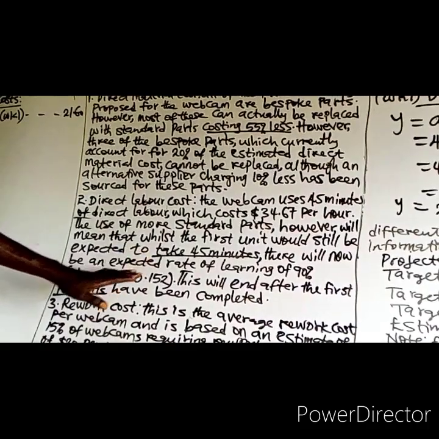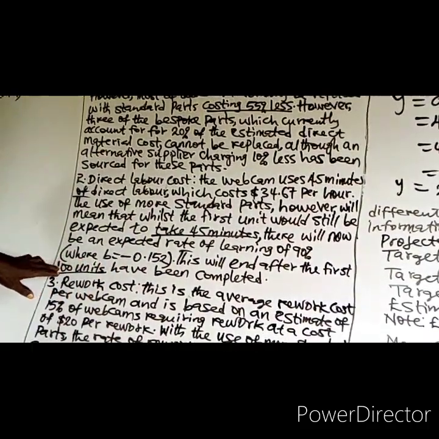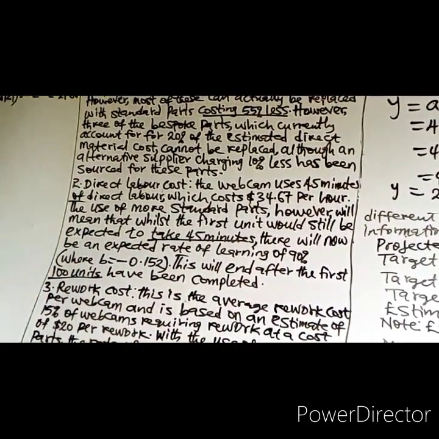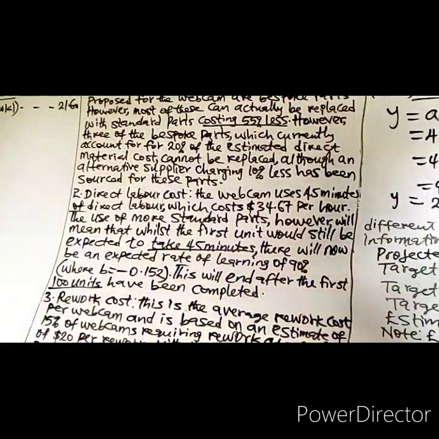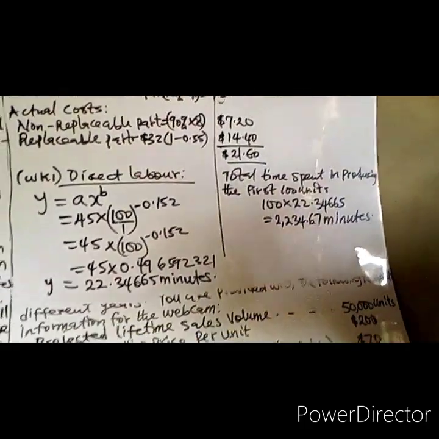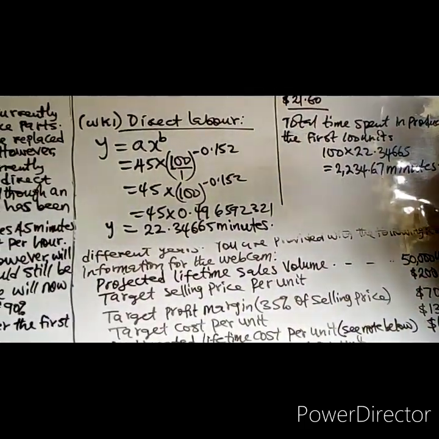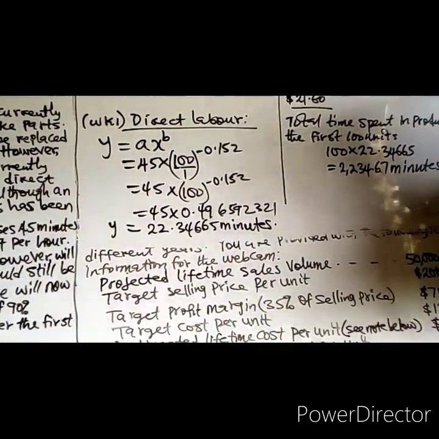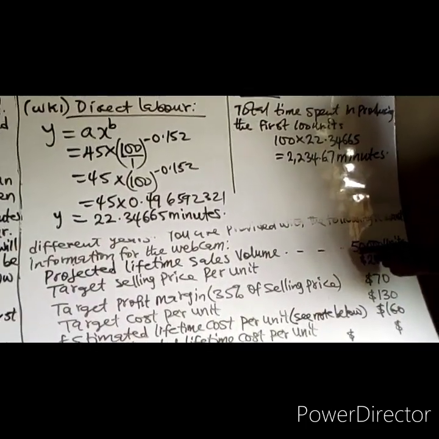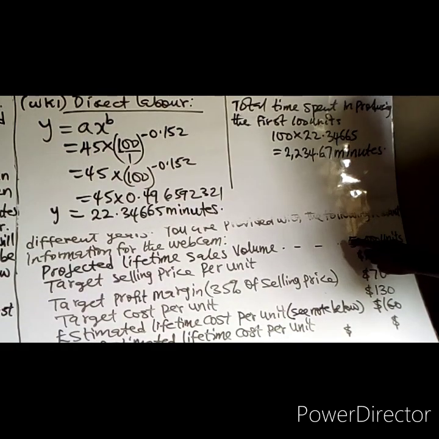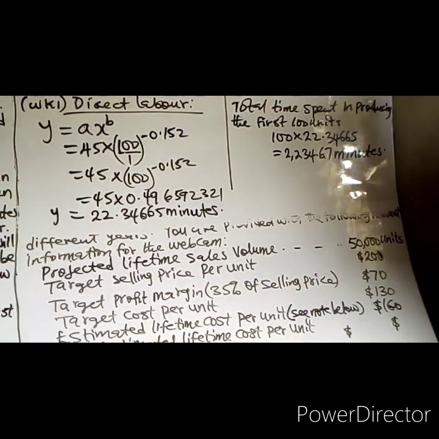You were told that the learning process will stop at the completion of the first 100 units. That means the total cumulative output is 50,000. The time spent in producing the 100th unit will be spent in producing any unit after the first 100, that is from 101 till 50,000.